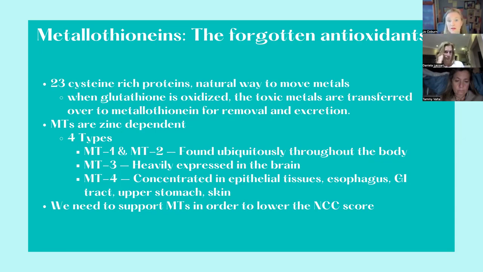MT3 is expressed in the brain, and MT4 is concentrated in epithelial tissues, esophagus, GI tract, upper stomach, and skin. So we need to support the MTs in order to lower that NCC score. So anytime you see that oxidative stress score on the copper calculator, you want to be thinking, how do I support metallothionein?